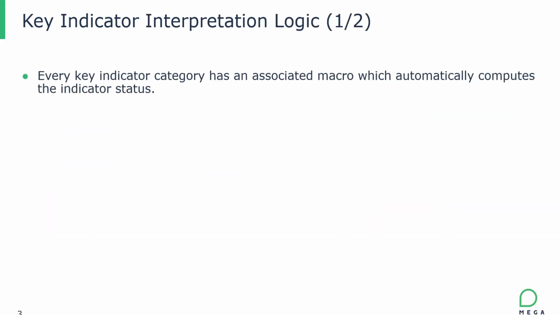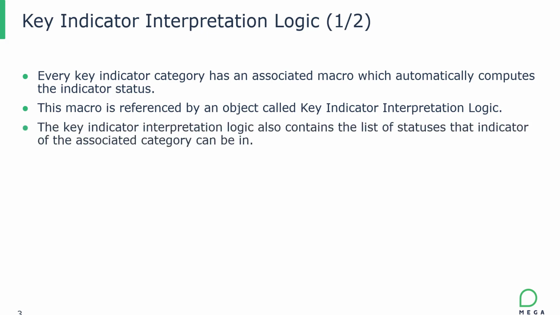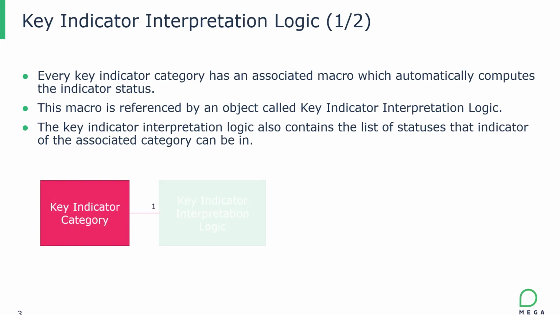So every key indicator category has an associated macro, which automatically computes the indicator status. And this macro is referenced by an intermediate object, which is called key indicator interpretation logic. The key indicator interpretation logic also contains the list of statuses that the indicator of the associated category can be in.